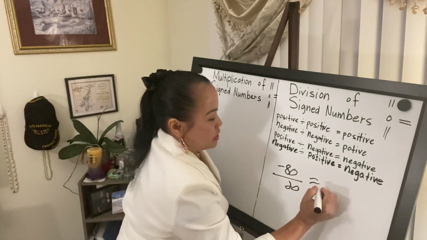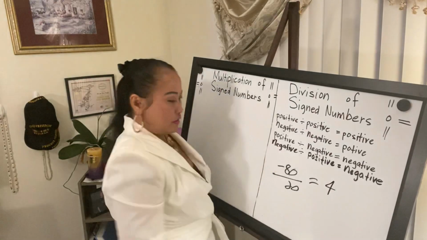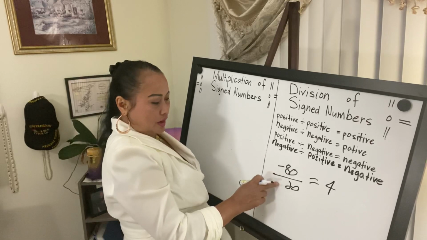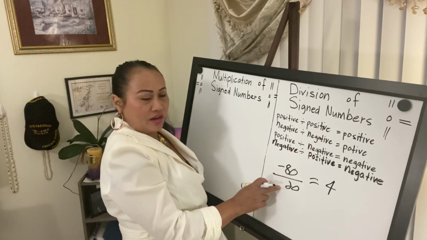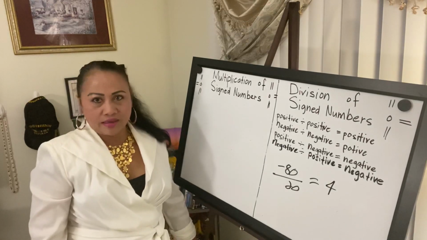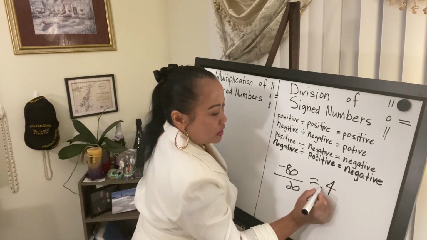There are 4. Now, look at the sign. Negative, and then this one has no sign, so it is understood to be a positive sign. So, negative and positive. Remember, unlike signs is always negative. So, the answer is negative.